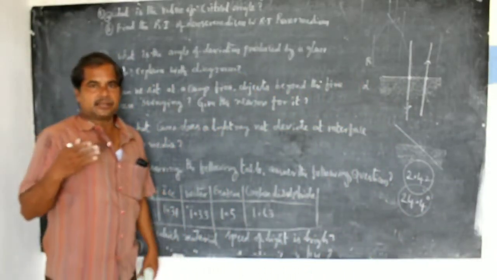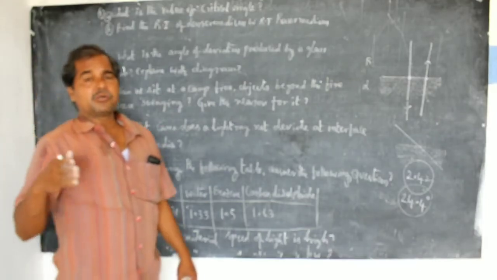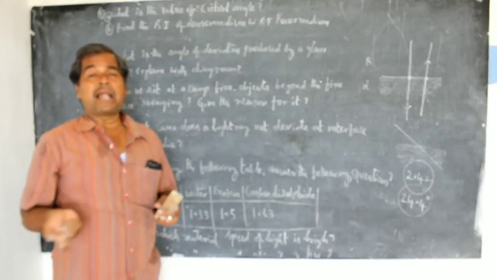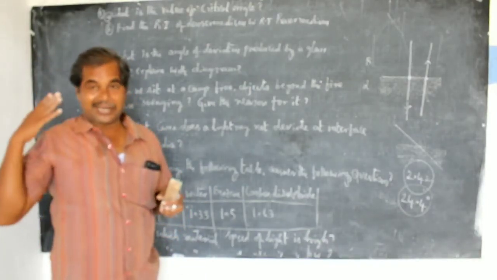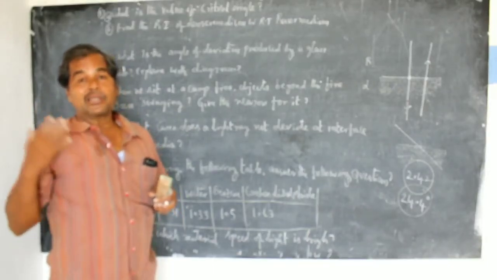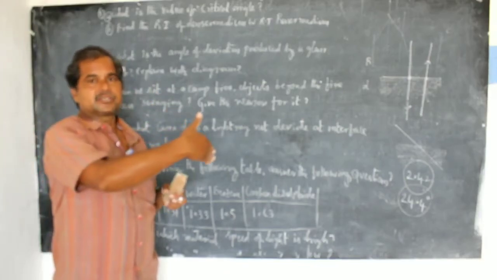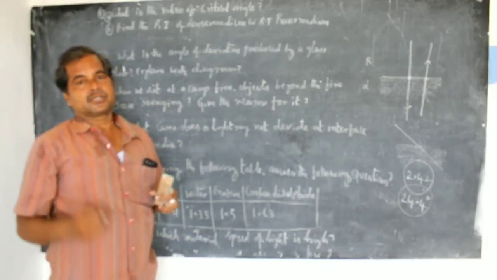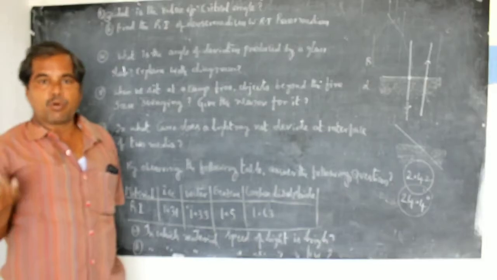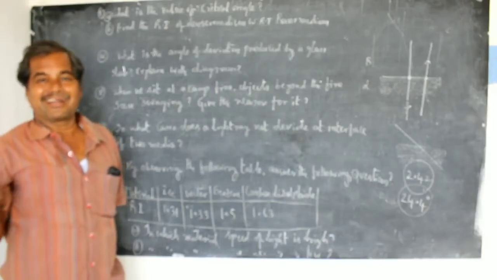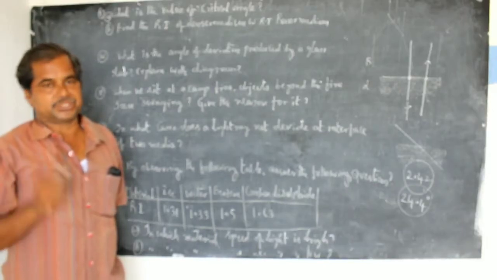Any light ray which enters the diamond gets multiple refractions and total internal reflection, so that the light ray travels back through the diamond, so the diamond shines more compared to a glass piece cut into the same shape.